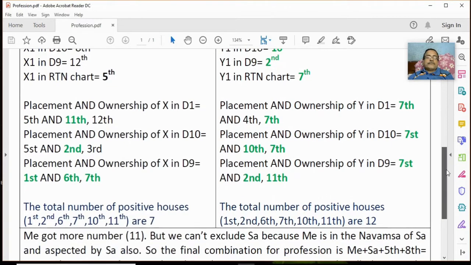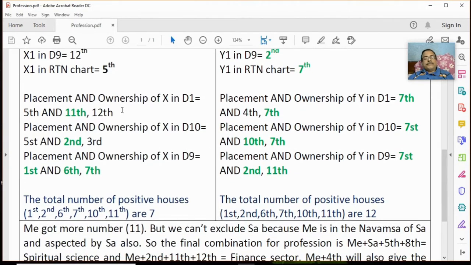Then the placement and ownership of X in D1. X means Saturn. Saturn in D1 is 11th and 12th lord placed in 5th.